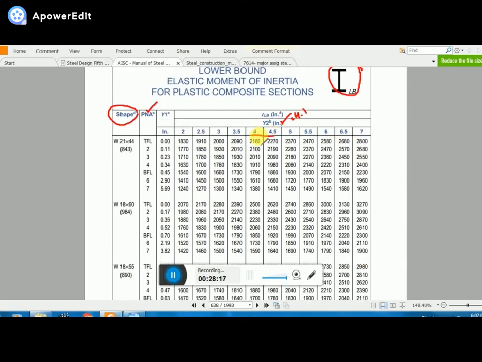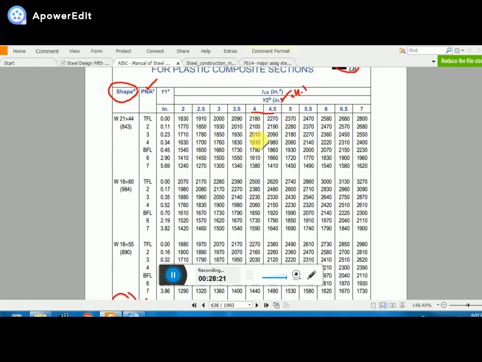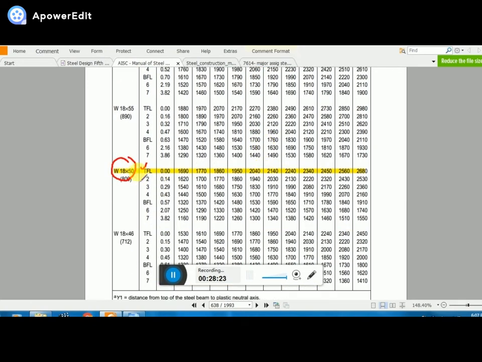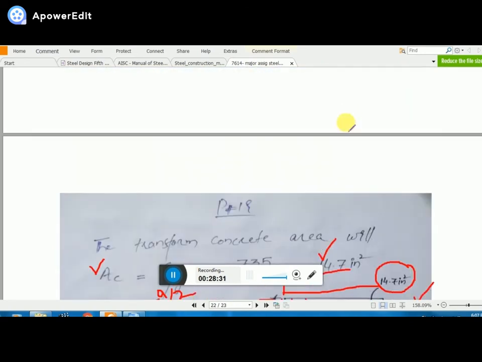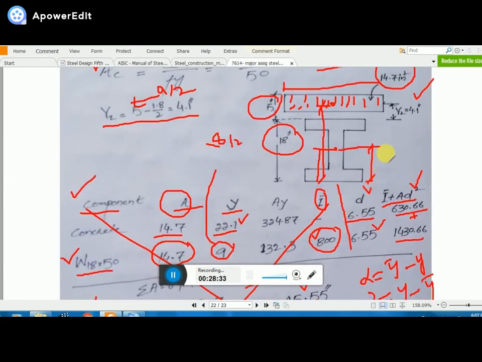Now we have to search for our y2 value here, and then our neutral axis location is TFL, that is, on the top of the flange. Our plastic neutral axis is on the top of the flange.